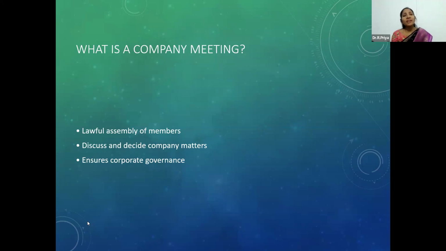Then, ensuring corporate governance. Company meetings play a vital role in corporate governance by ensuring transparency, accountability, participation, and compliance. Through structured meetings, companies avoid arbitrary decisions.